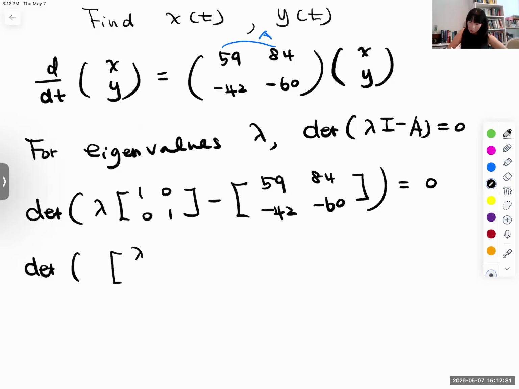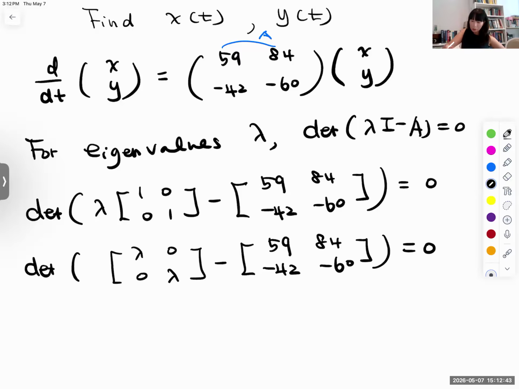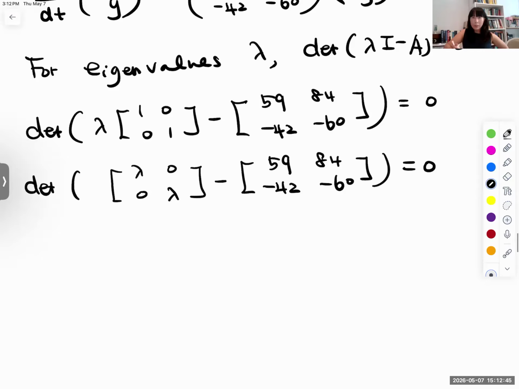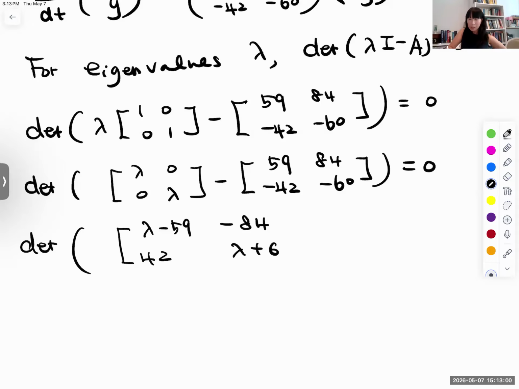Inside we have lambda minus 59, negative 84, positive 42, and lambda plus 60.